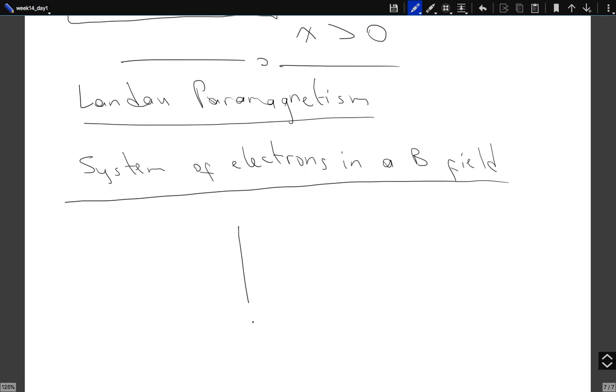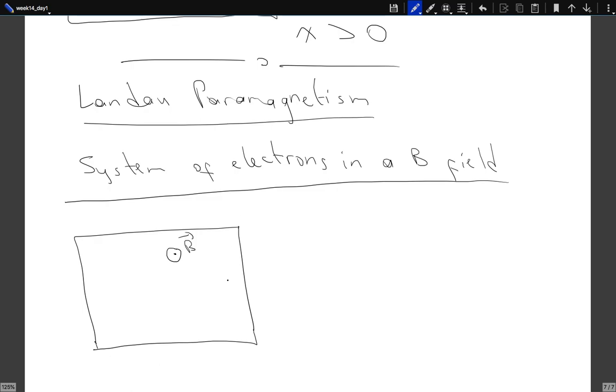So you see, if you have a magnetic field, let's say we have a system. The electrons are moving, they are not at rest. So if you have moving electrons in a magnetic field, let's assume that B is in this direction. Now their orbits will be circular.